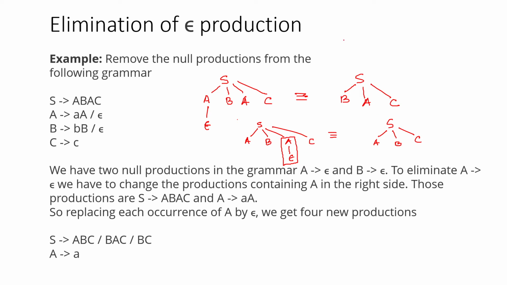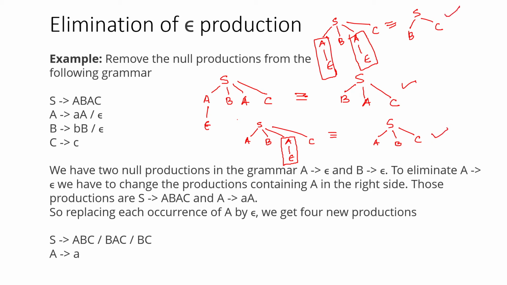Now there is one more possibility: S to ABAC, and both A's have been derived to epsilon. So what will happen? This will vanish as well as this will vanish. So writing this is equivalent to writing S to only BC. So this is one possibility, this is another possibility, and this is another possibility.